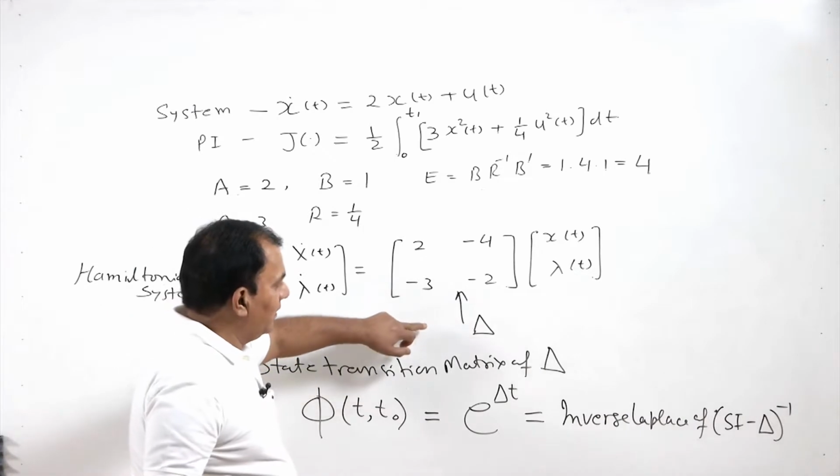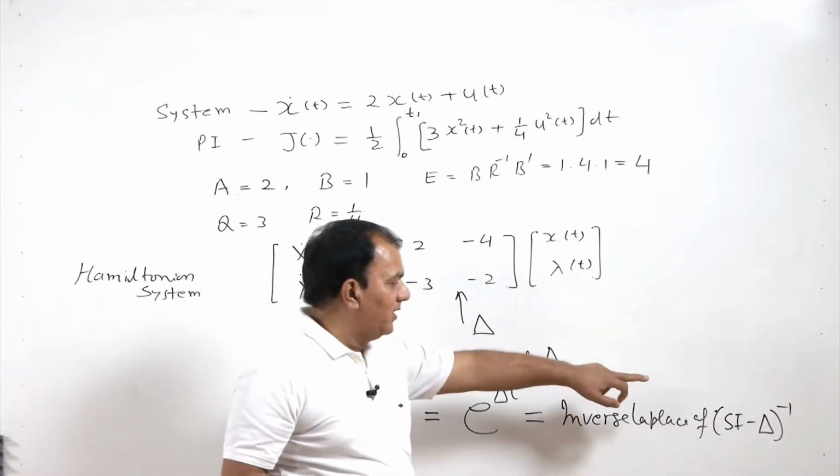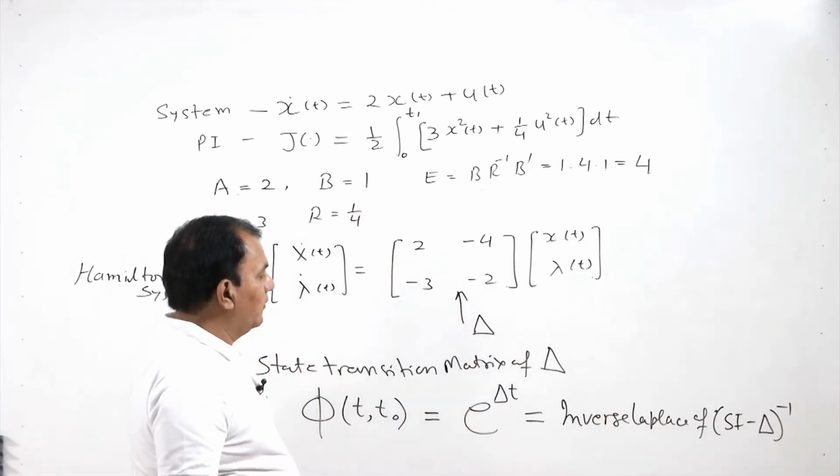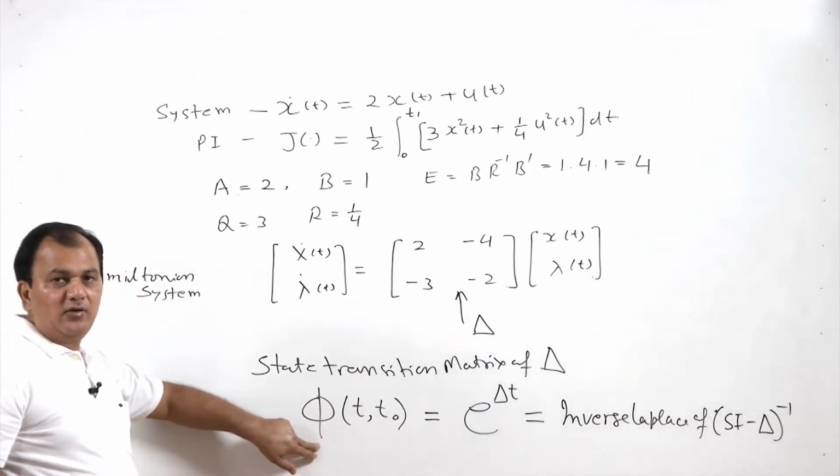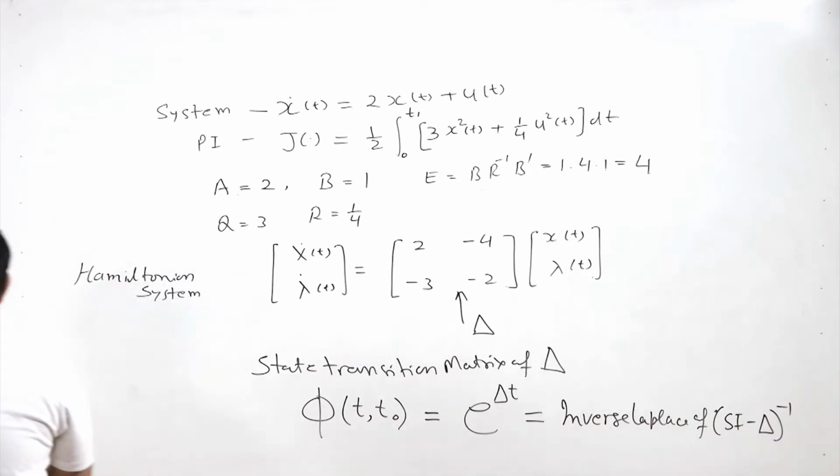Delta is given here, so if I take (sI minus delta) inverse, this will give me the state transition matrix.